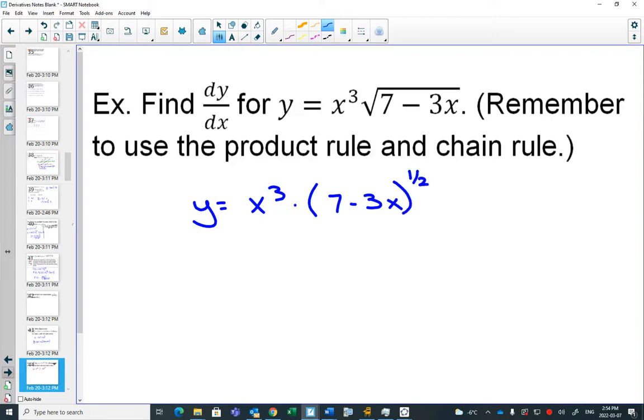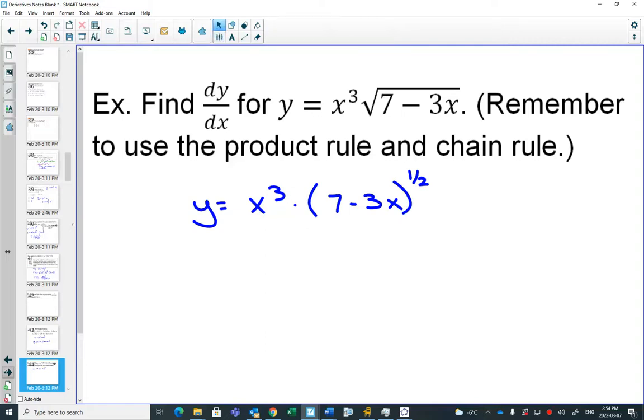So anytime you have square roots, cube roots, fifth roots, take the time to change that to a fractional exponent. And we do have a function inside of another function. So we're going to have a chain rule here.